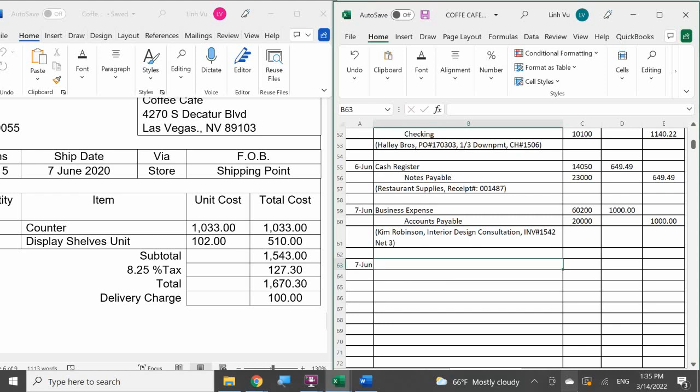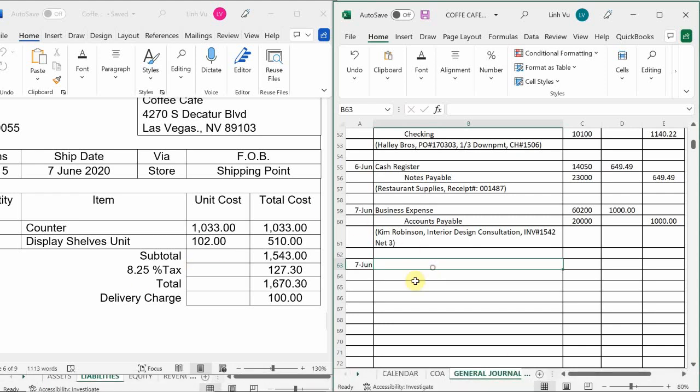Anybody? We would just put counter and display shelves.